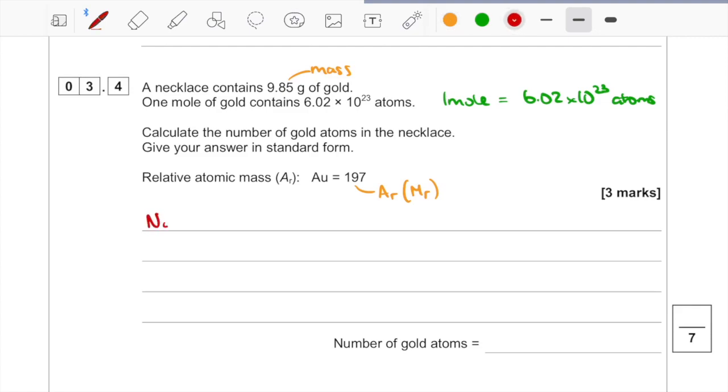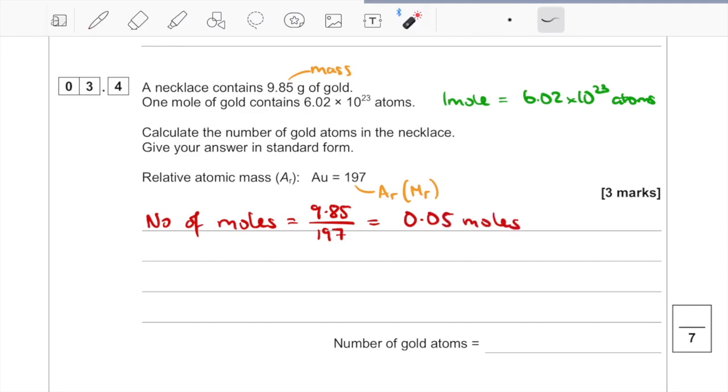So number of moles equals the mass we have divided by the relative atomic mass or the relative formula mass, and it's just Au, so 197. That gives us an answer of 0.05 moles.